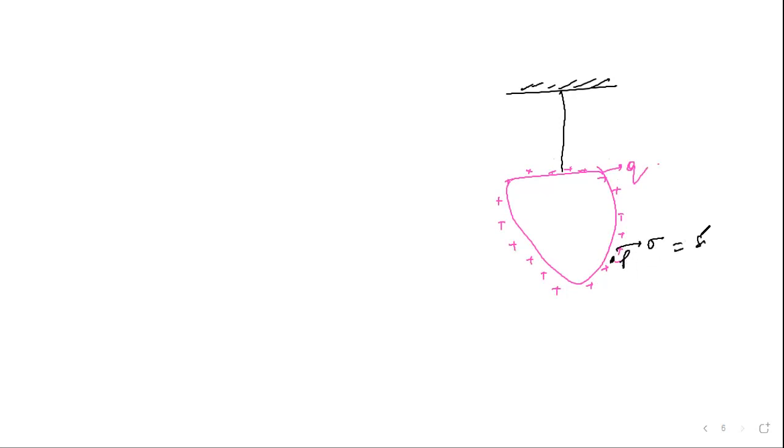So sigma is my surface charge density at point P. I want to find the electric field just outside this. Now E inside we know is 0, right? So for that, what we do, clean. Here we know E is 0.